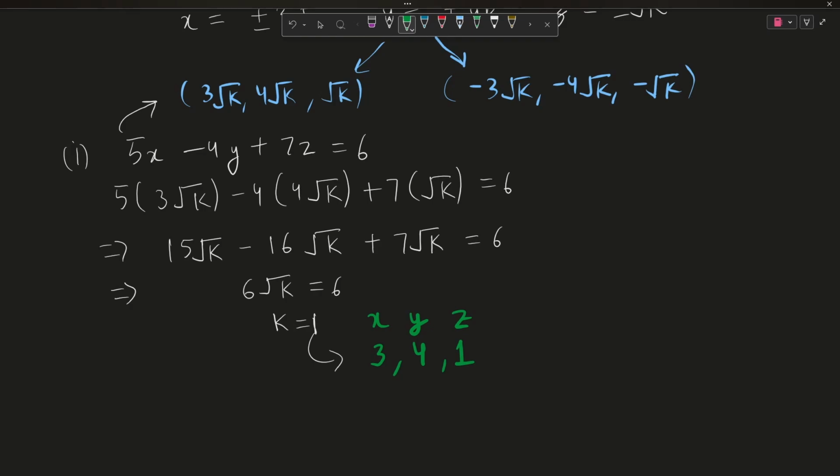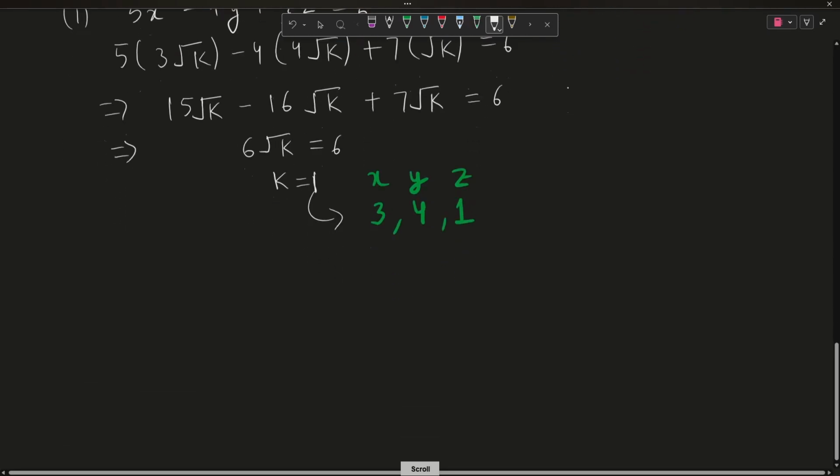So this is the first case where we have solved and we get the values of x, y, and z as 3, 4, and 1 respectively. And you can observe that this method is much easier in comparison to elimination or substitution, right?